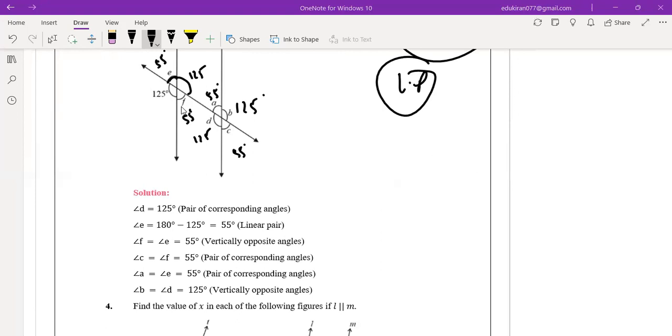Then C and F, A and E, B and D, right? Clear? Okay, now this one quickly, you have to find the value of X.